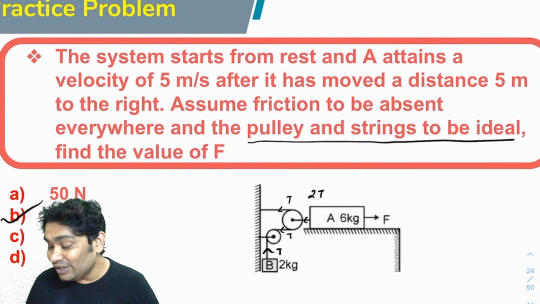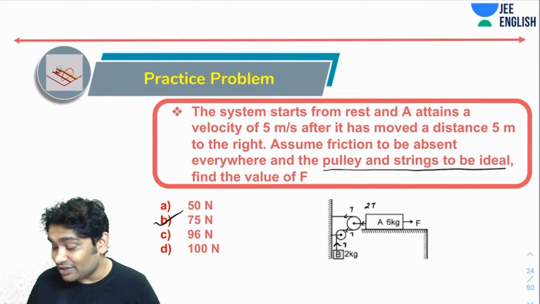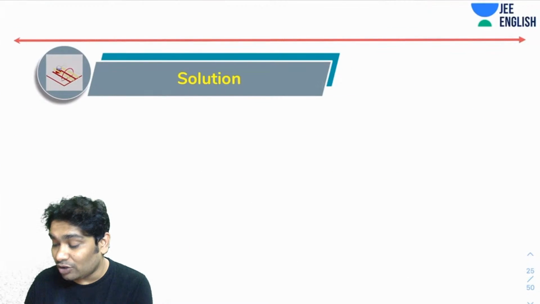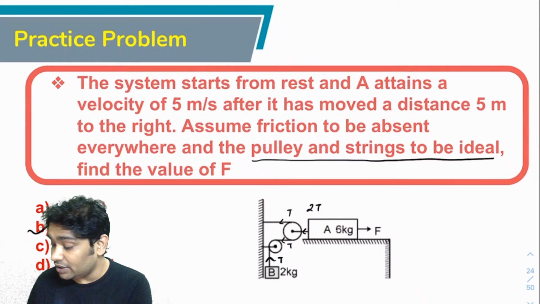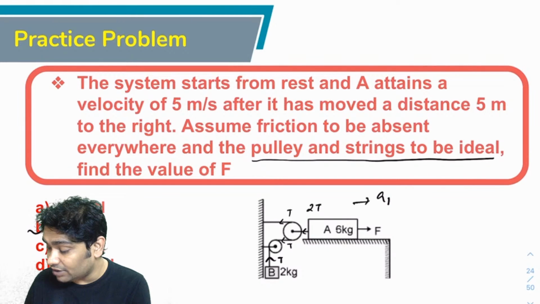So let's write the equations for the 6 kg block. For the 6 kg block, I can say F minus 2T would be equal to 6a1. Let's call this acceleration a1. So this is moving with acceleration a1, and of course this guy would be moving with acceleration a2.